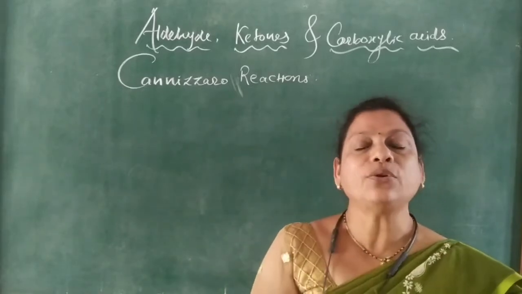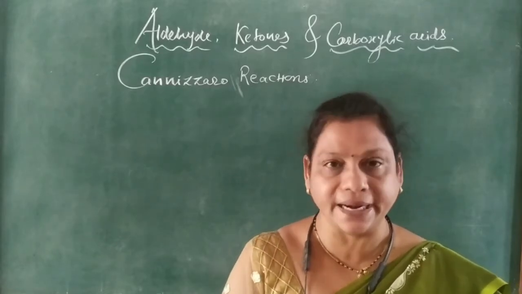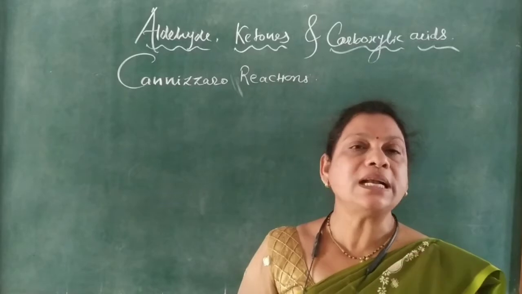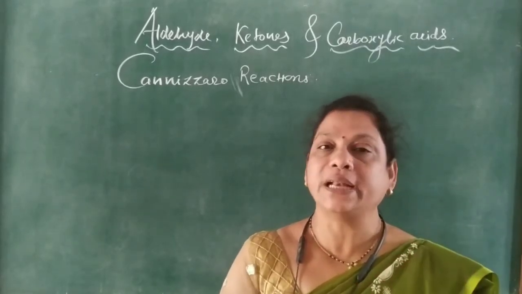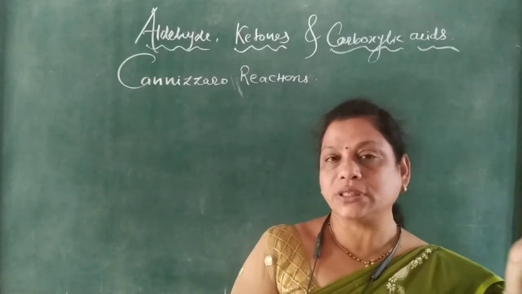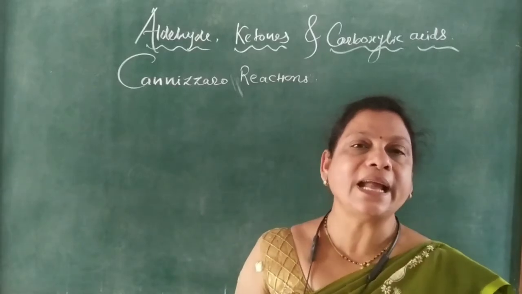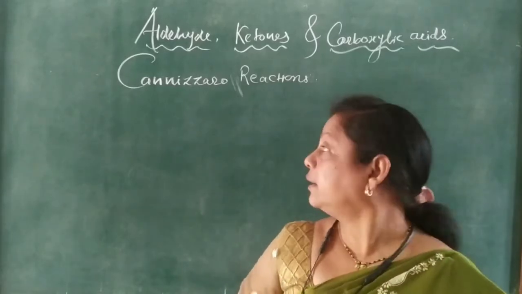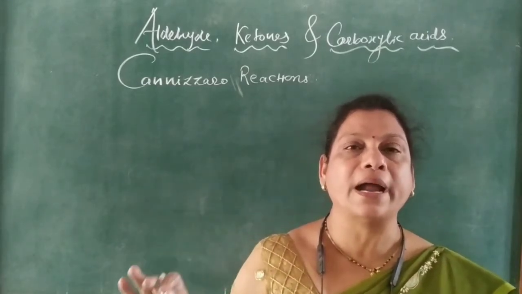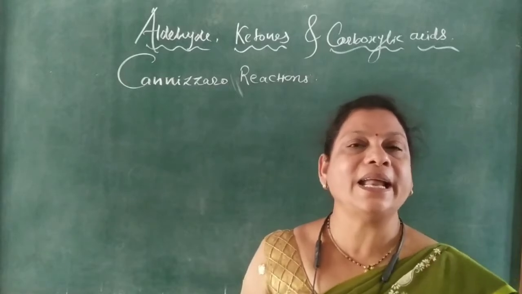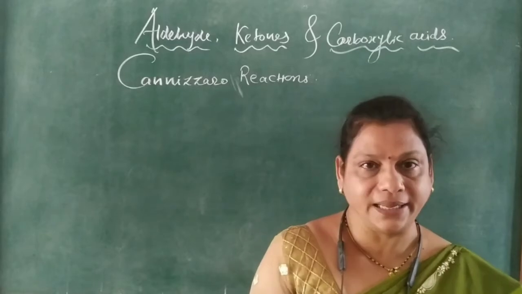So the Cannizzaro reaction is an example of the reactions of aldehydes, only those aldehydes which do not contain alpha hydrogen atom. In aldol condensation you studied what the alpha hydrogen atom is. So only those aldehydes which do not contain alpha hydrogen atom show the Cannizzaro reaction, and these aldehydes are formaldehyde and benzaldehyde.